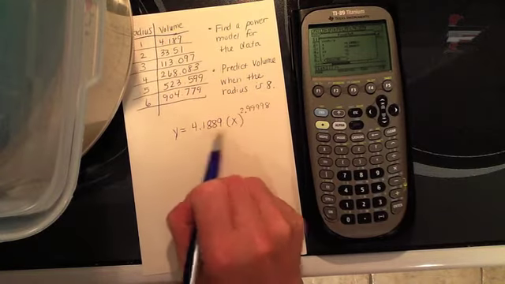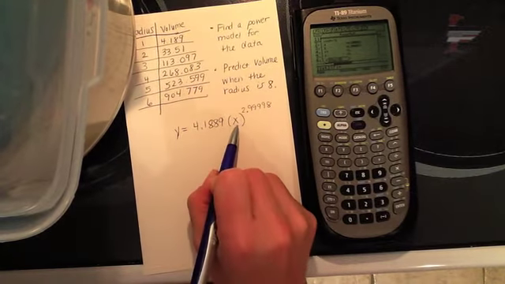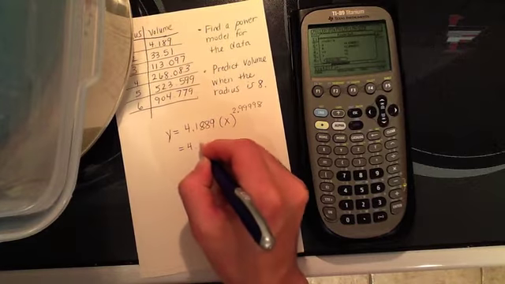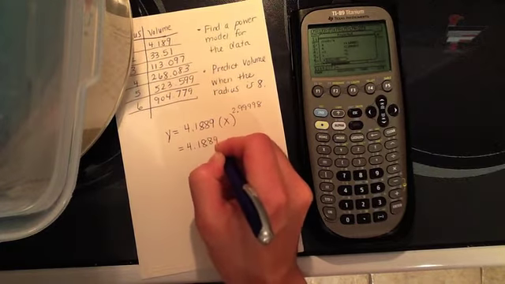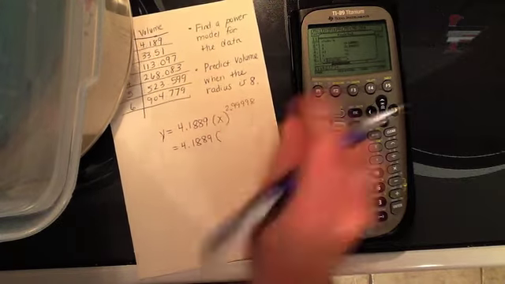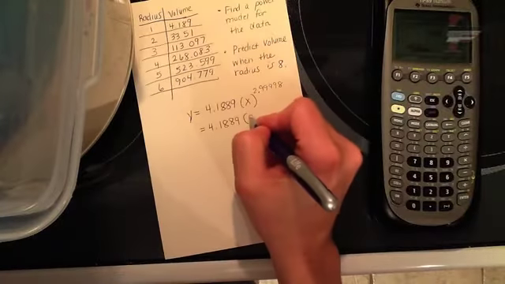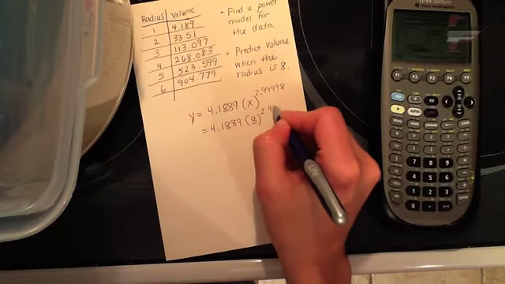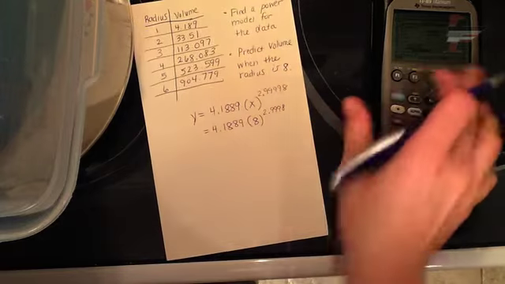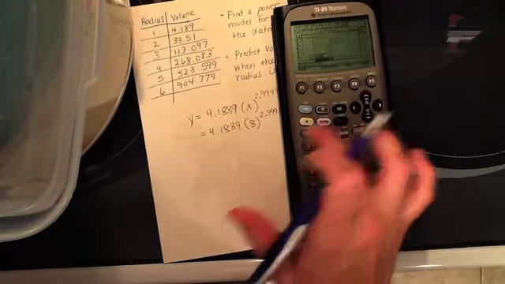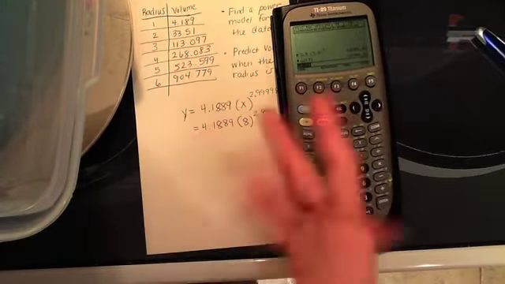So this one would be rather tedious with these long decimals to type in 8, but that's technically what you're going to be doing, putting in 8 for that X, and you could then go to your home screen and type that in.